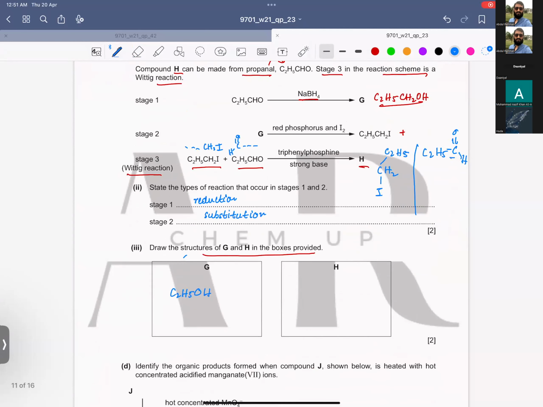So the same thing happens over here from this carbon and this carbon, that it can be C2H5CH. So this is the reaction. Oh, sorry.